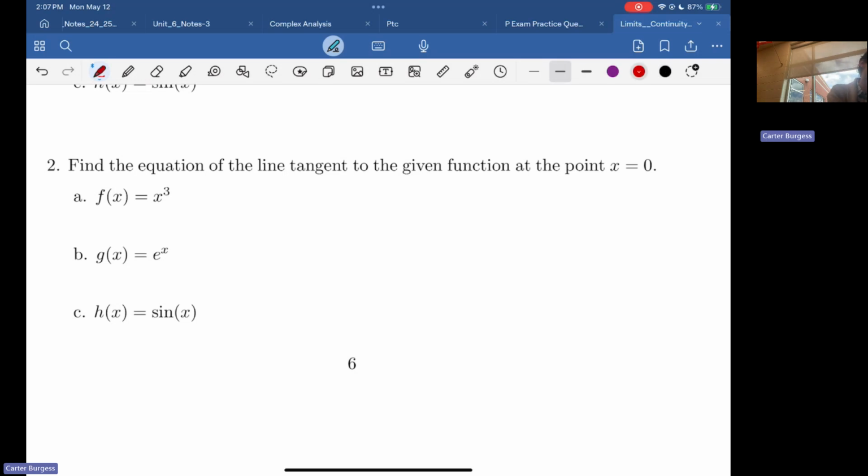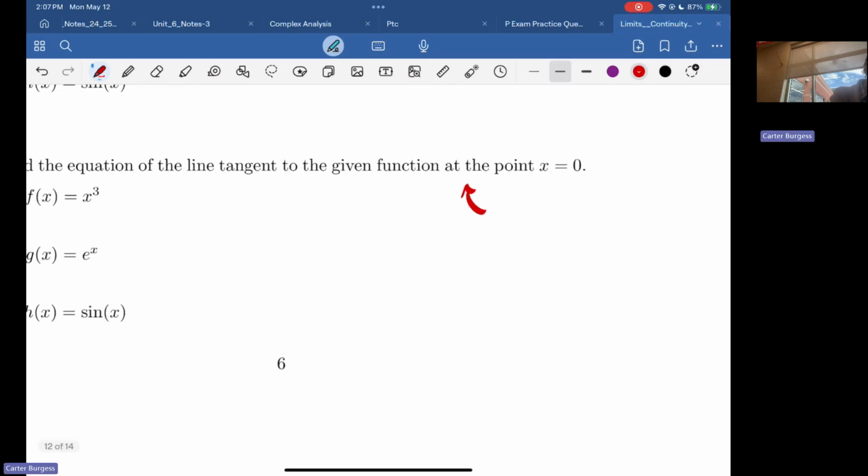Now, we're thinking about the equation to a line. What are our two different formulas that we have for finding the equation of a line? So y equals mx plus b, which is fine, but I don't love the fact that b is so specific. And so what's the more generic one that I like a lot more?